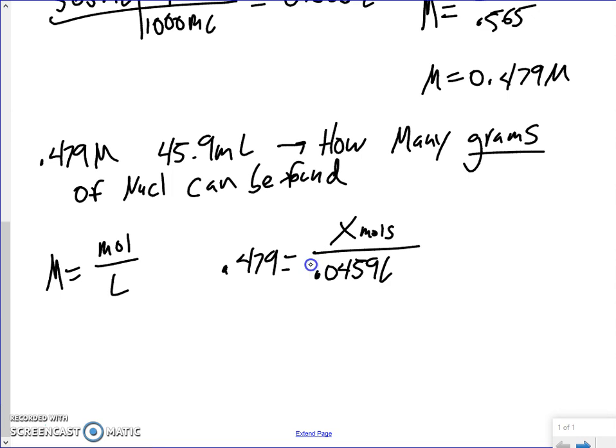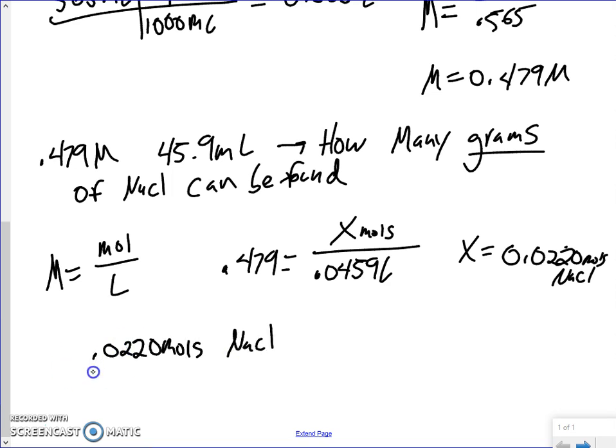So we take 0.479 multiplied by 0.0459 for our volume, and we're going to get our mole values to be 0.0220 moles of NaCl. Okay, well, 0.0220 moles NaCl for every 1 mole of NaCl, because we're trying to go to grams.